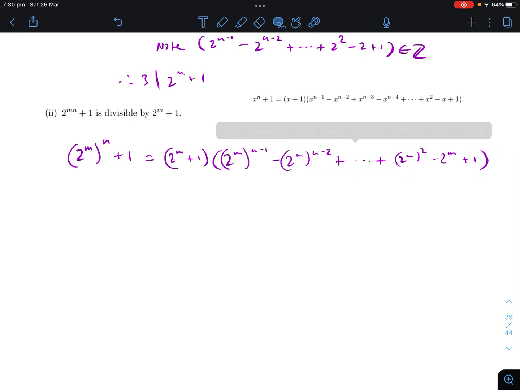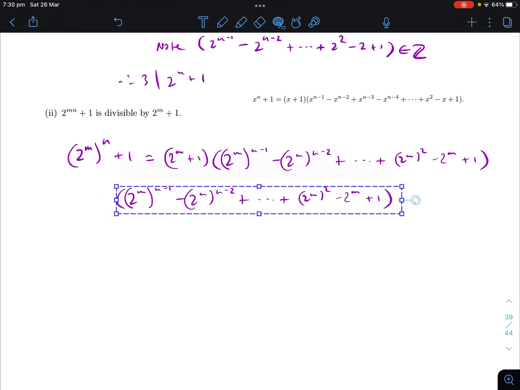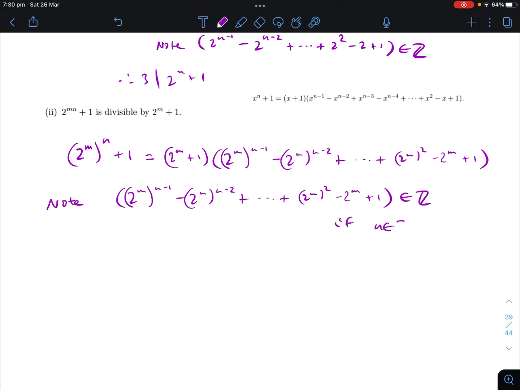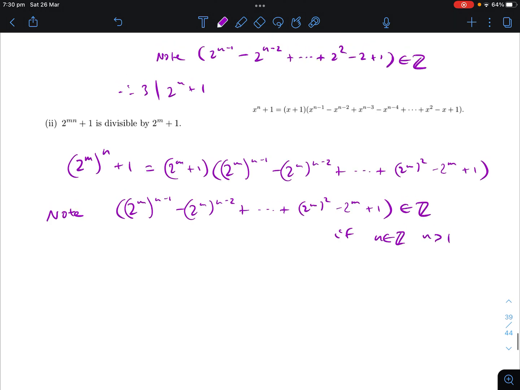Clearly this will be an integer if m and n are integers, and n is going to have to be an integer larger than 1. If n equals 1, that works out; it's just 1.